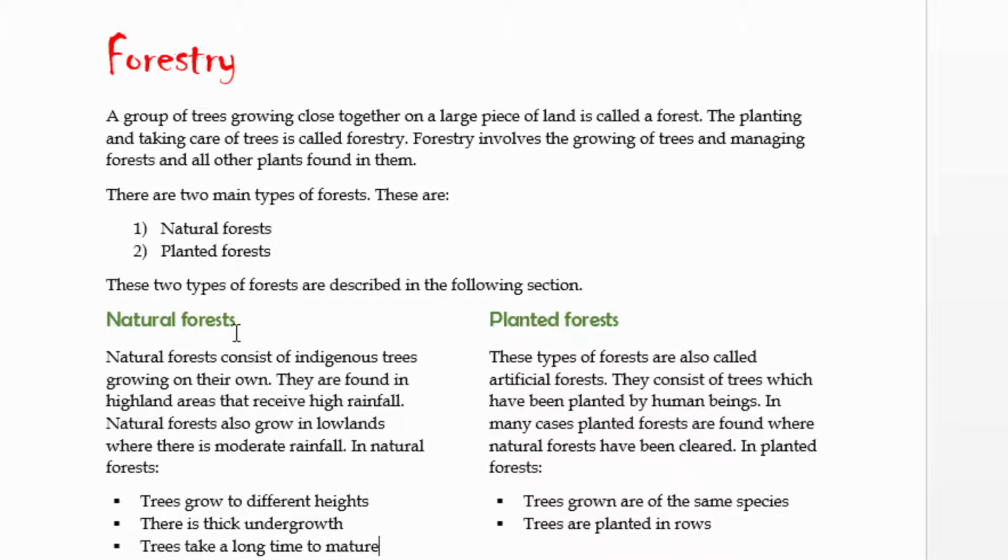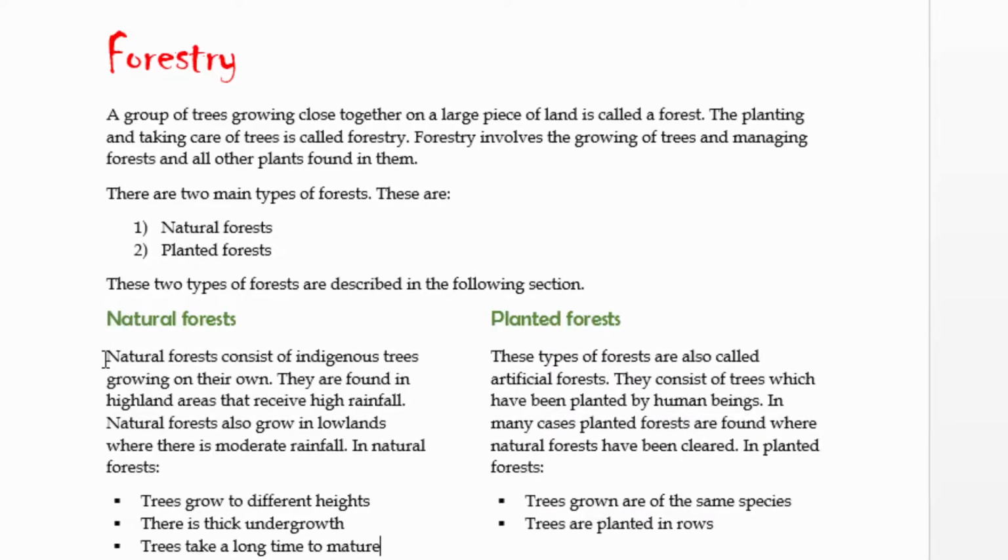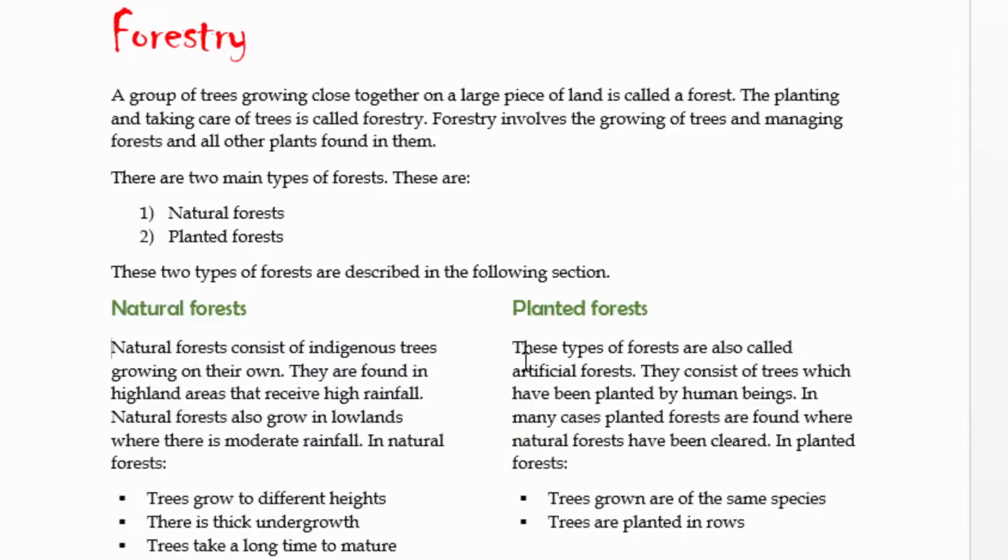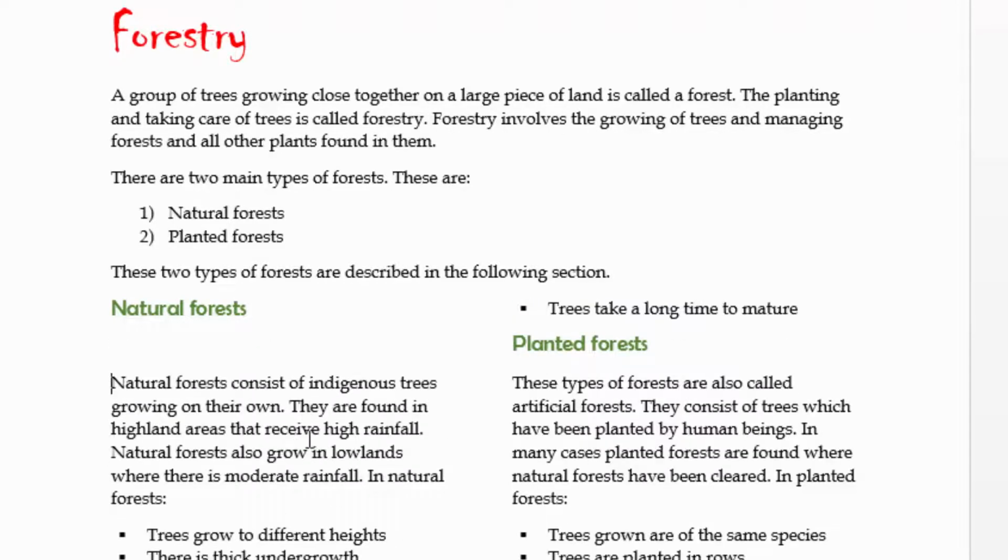So what I want to do next, I want to insert a picture of natural forest here and a picture of planted forest here. So I will come to the beginning of the first sentence like that and press enter, so that I create a space above the first line.